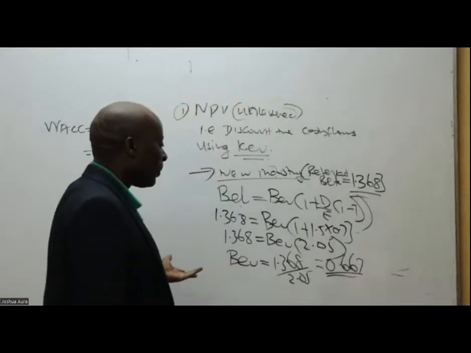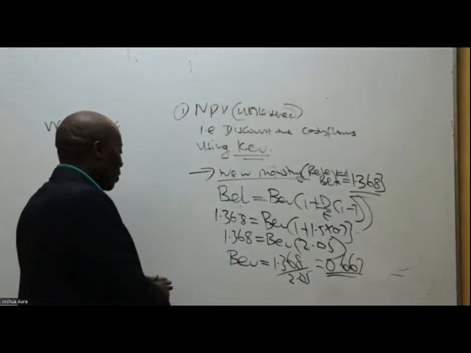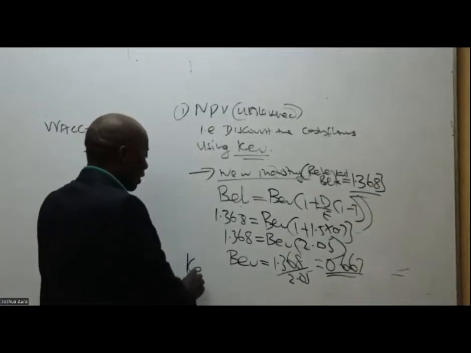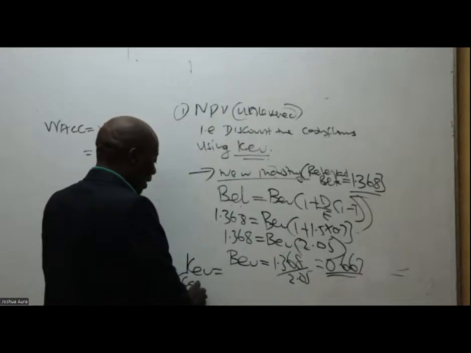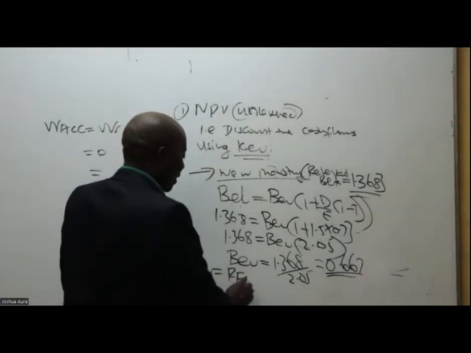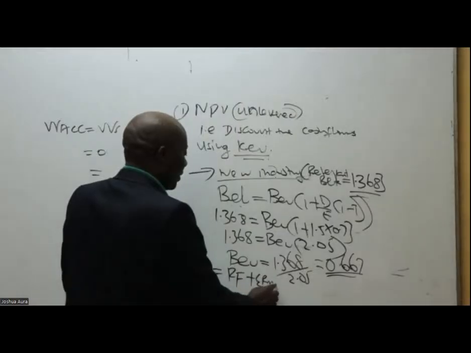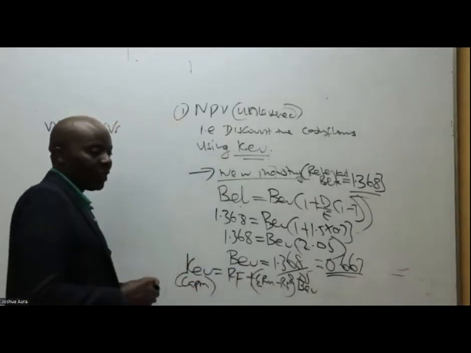So how do I get my KU here? To get my KU, I know I'm going to use CAPM. CAPM, we know, is the risk-free rate plus the return of the market minus the risk-free rate, times beta equity unlevered, pure unlevered.